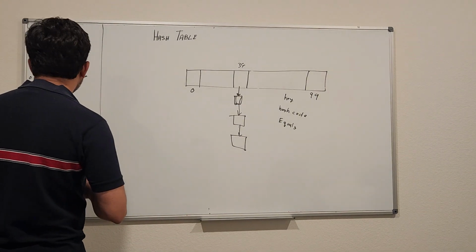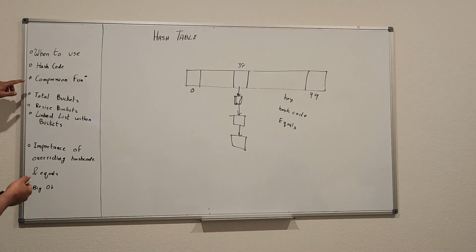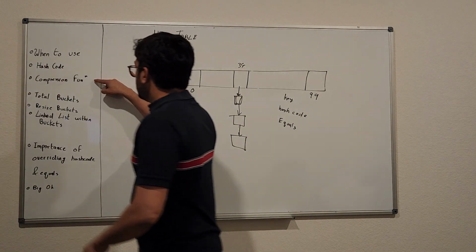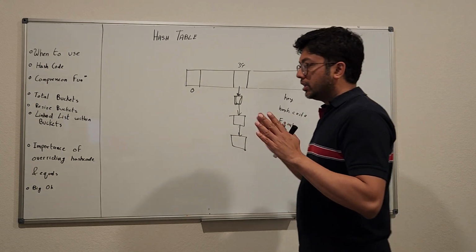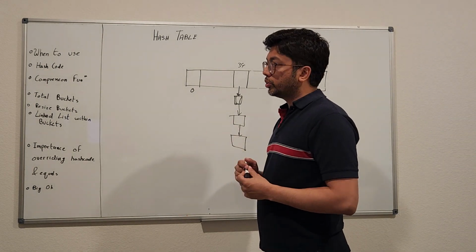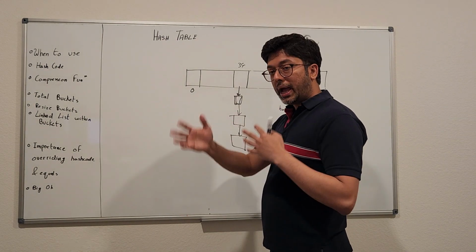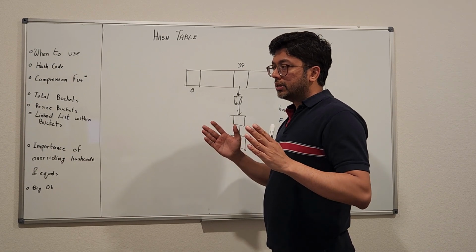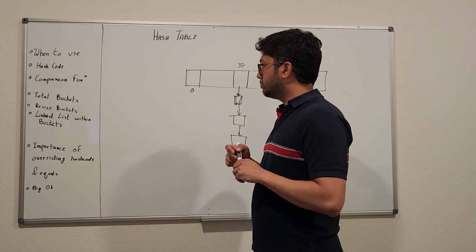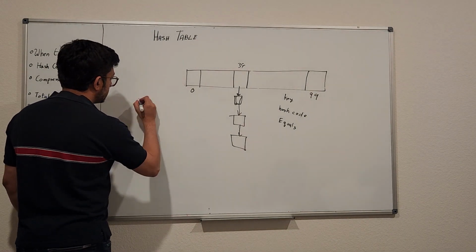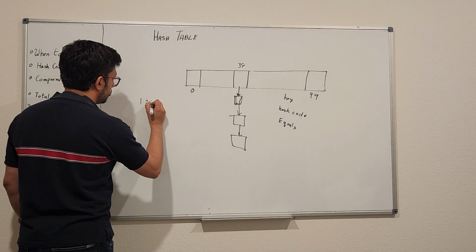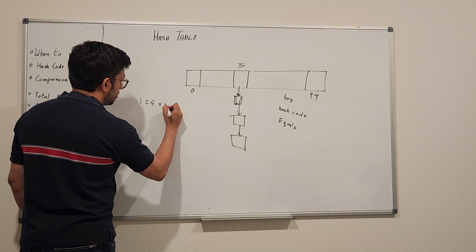a hash table works. So we went through the compression function, we went through the total number of buckets. Again, the total number of buckets is basically the number of keys you're storing. And as you keep adding keys, at some point the total number of buckets is only 1.25 times the number of keys.